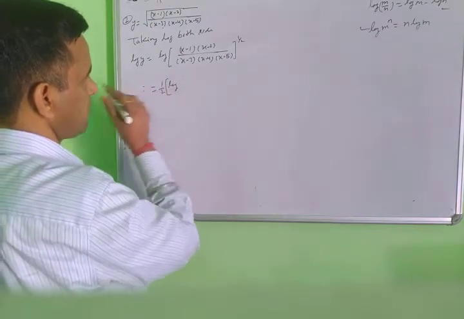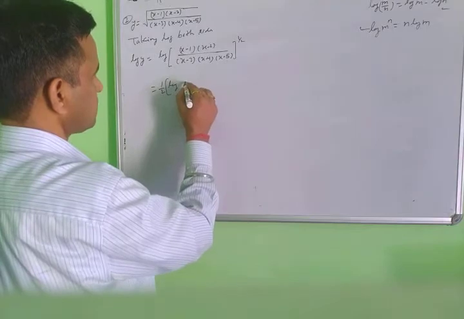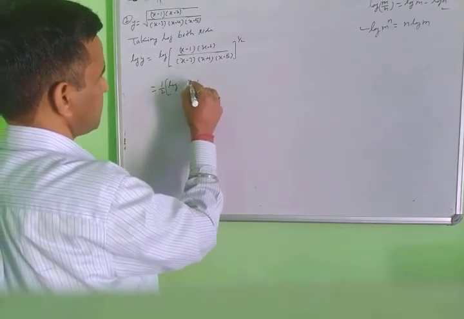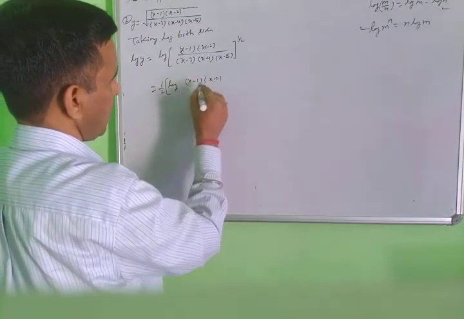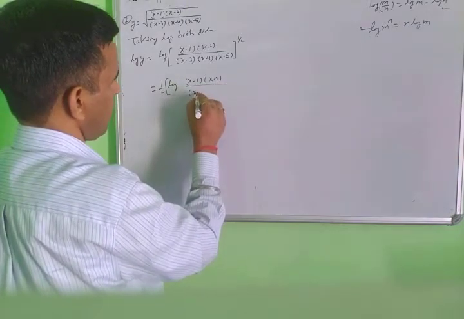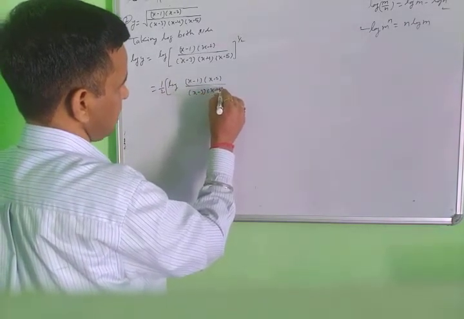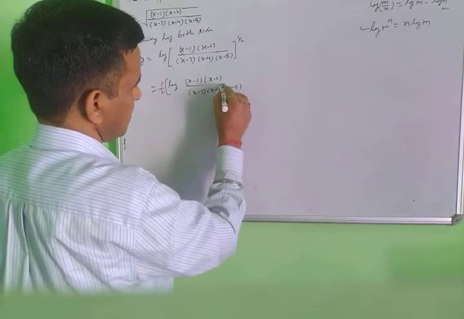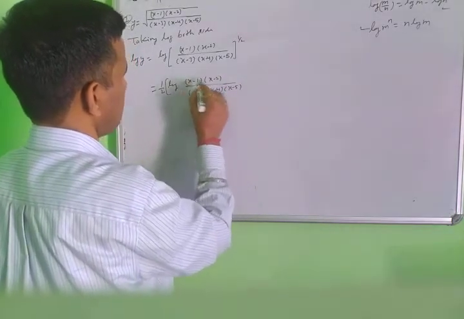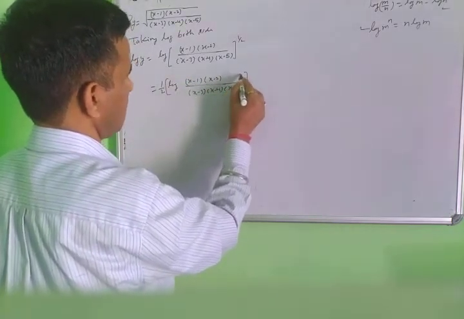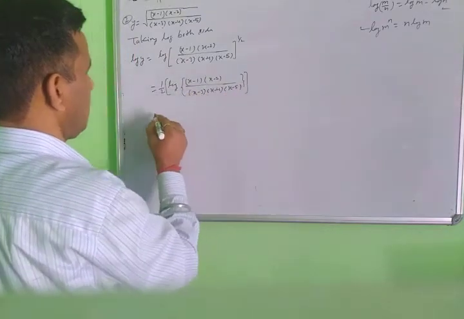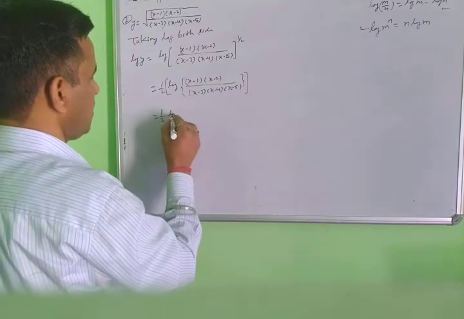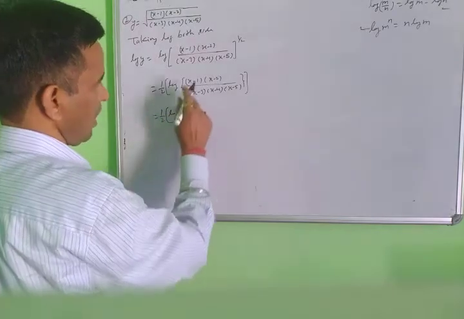log of (x minus 1)(x minus 2) upon (x minus 3)(x minus 4)(x minus 5). Again 1 by 2 here, log of m upon n.